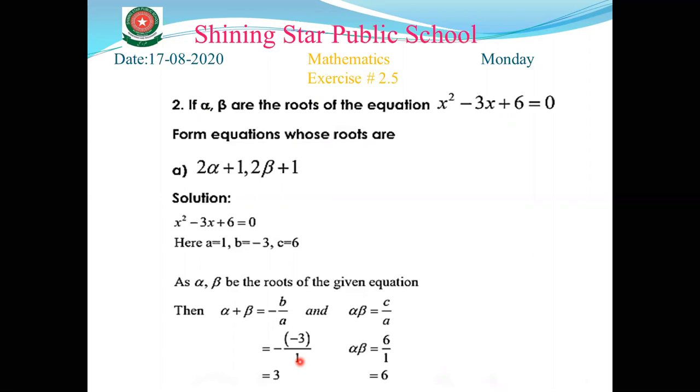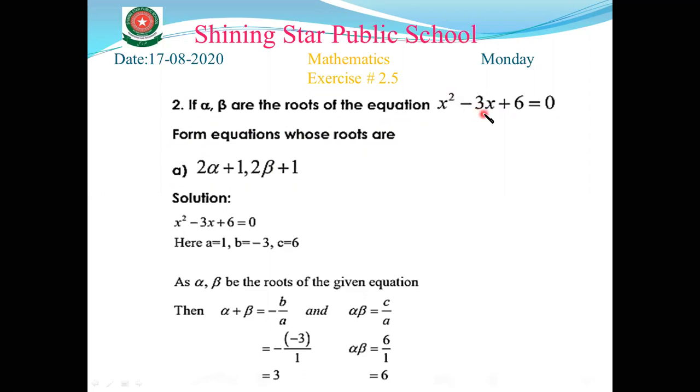If alpha, beta are the roots of the equation x square minus 3x plus 6, it means alpha and beta are the roots of this equation.